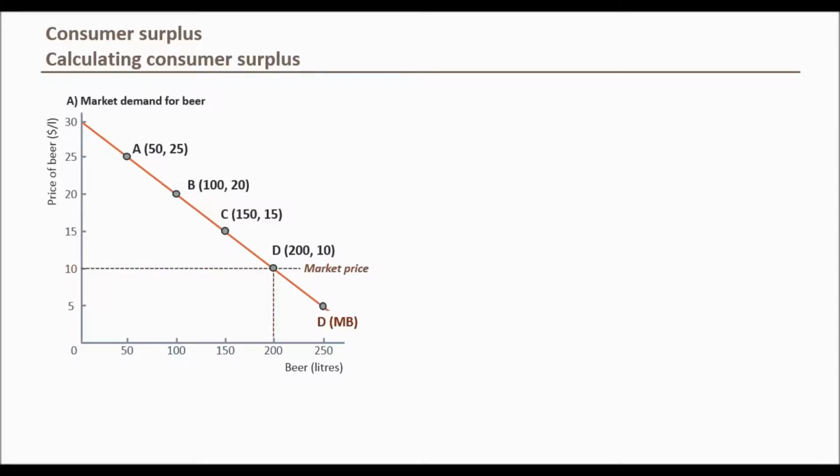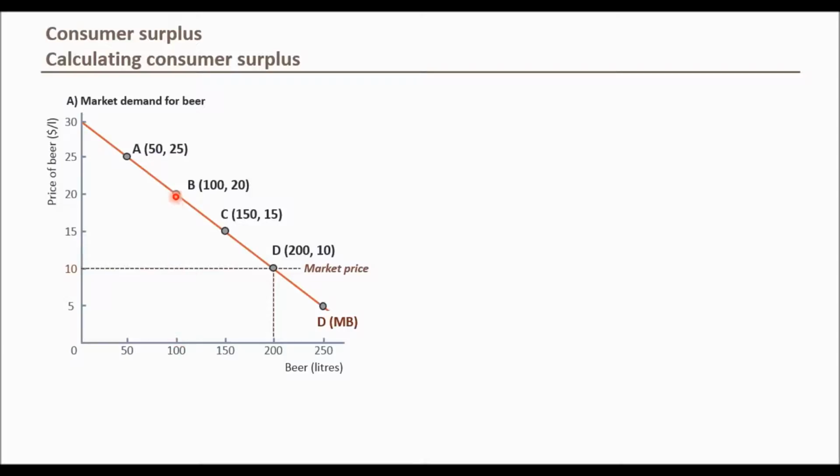The demand curve also tells us that if the market price was higher than $10 per liter, let's say $20 per liter, then according to point B, 100 liters of beer would still be purchased, even though the price is higher than the $10. This tells us that at a market price of $10 per liter, there are consumers who are paying $10 per liter for beer, even though they would have paid $20.